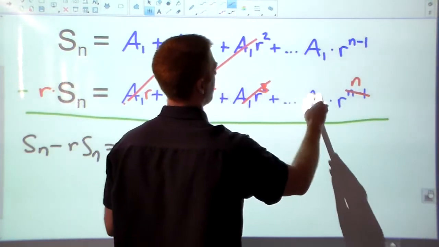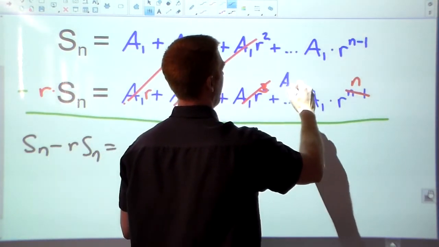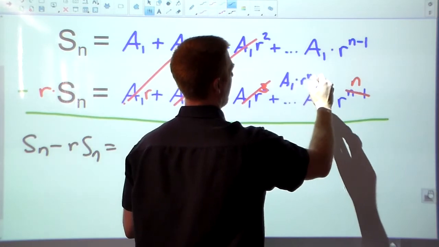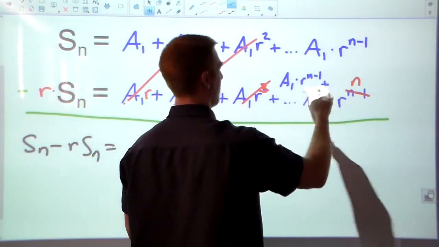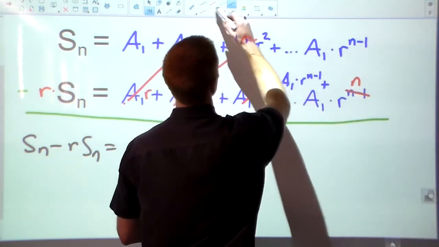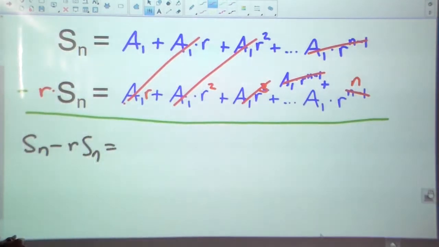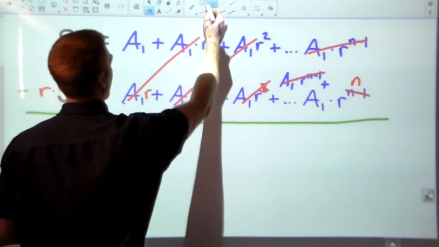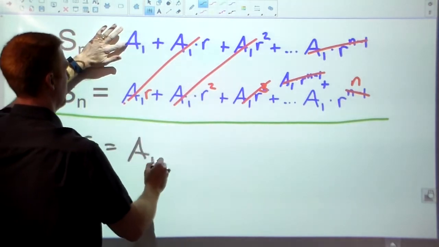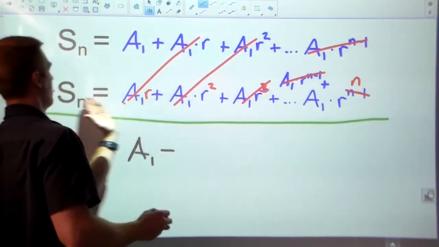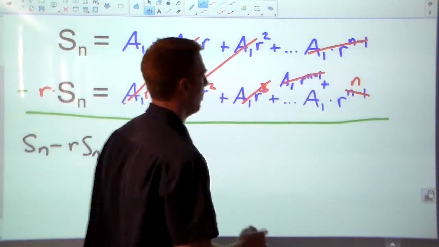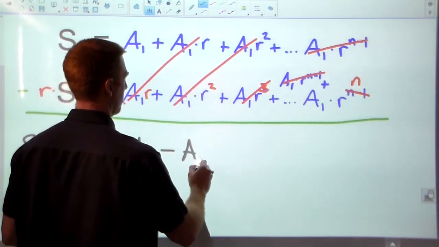So if it helps, right before this term was A1 times R to the n minus 1. And then the next term was R to the n. So that part is going to cancel out or subtract out as well. So the only thing left now is the first term minus, because you're subtracting all this stuff, A1 times R to the n.